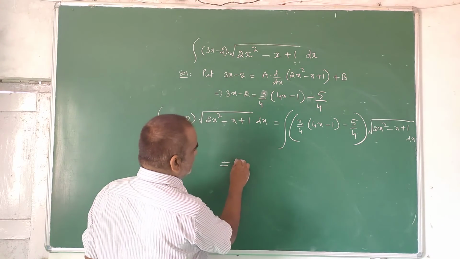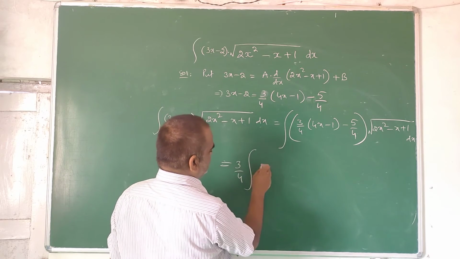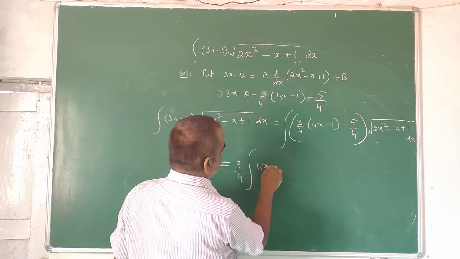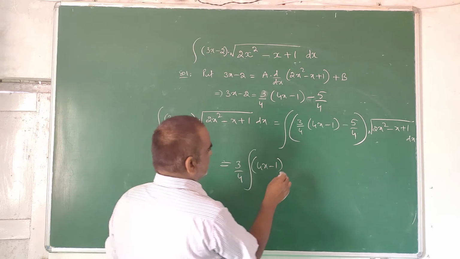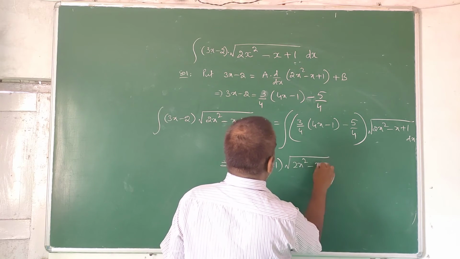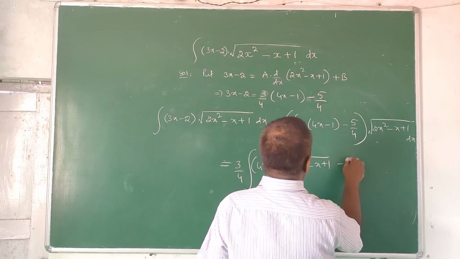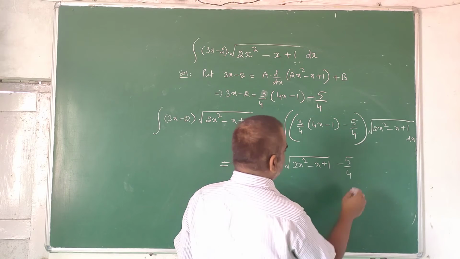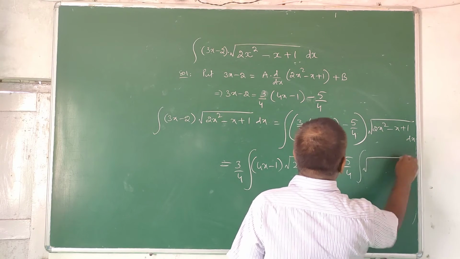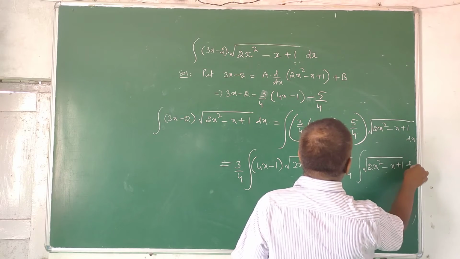Similarly, if you do so, this is 3 by 4, integral, constant comes out, (4x minus 1) into root over 2x square minus x plus 1, next minus 5 by 4 integral root over 2x square minus x plus 1 dx.